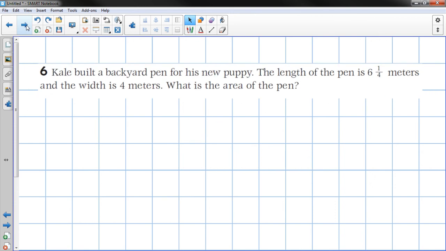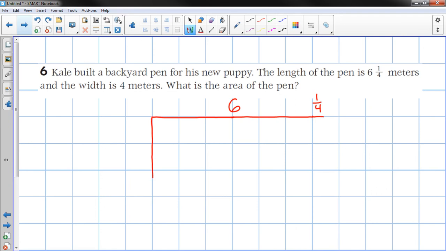One more. 6. Cale built a backyard pen for his new puppy. The length of the pen is 6 1/4 meters, and the width is 4 meters. 6 1/4. There's 3, 4, 5, 6, and then a quarter by 4. 1, 2, 3, 4.